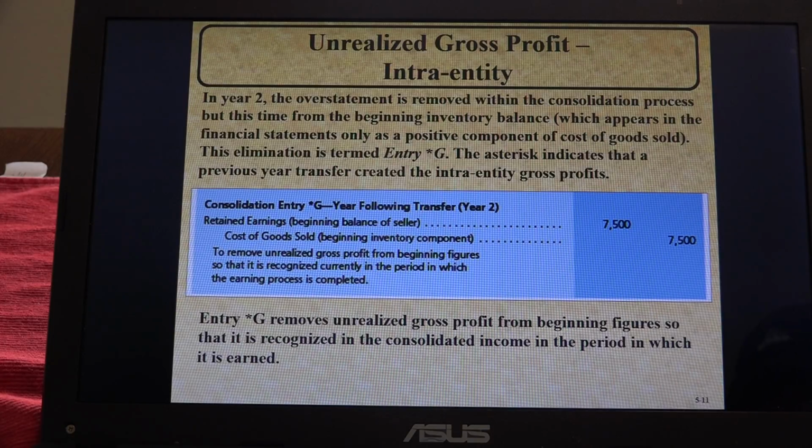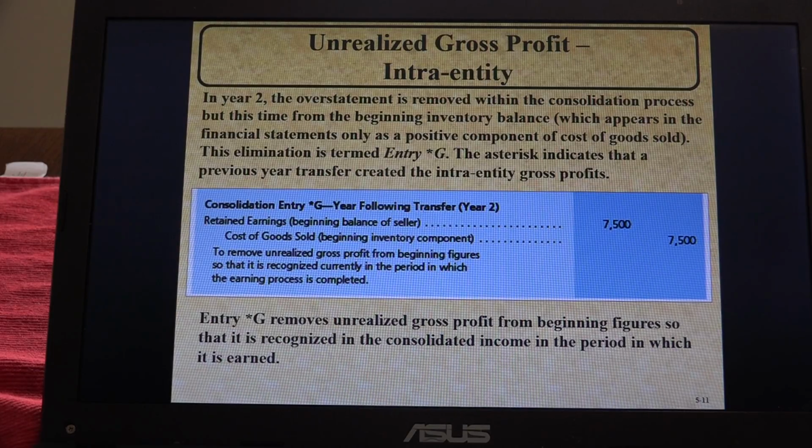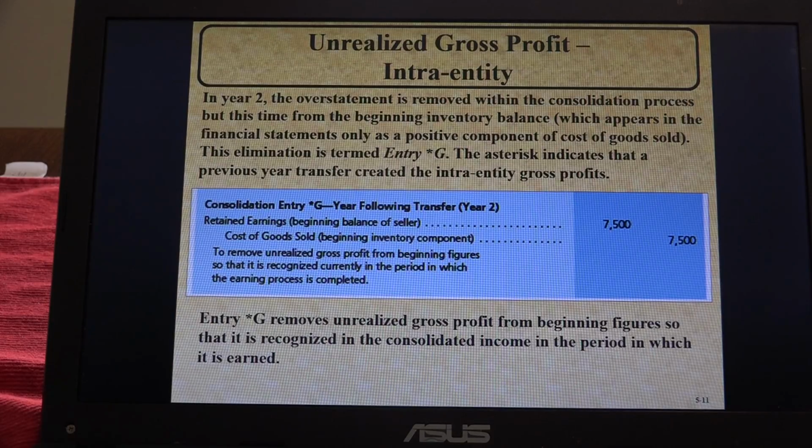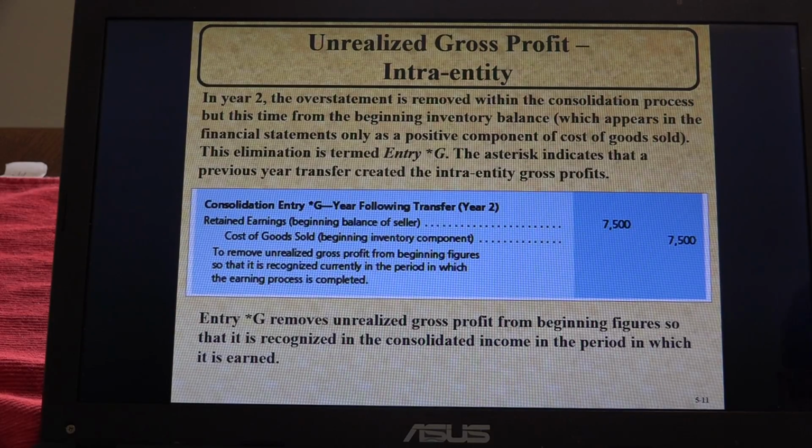And so you're having to reduce retained earnings by $7,500 at the beginning of the balance so that the $7,500 can be earned in year two and will be reflected in the ending retained earnings of the company. So that's why you have to reduce retained earnings at the very beginning of the year too. So that's what you're doing there.